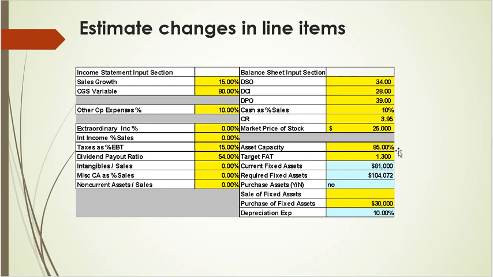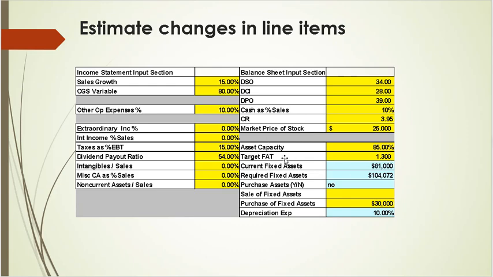So if there's any increase in sales at 100% asset capacity, by definition, you must buy new assets because you can't make more stuff if there's no time during the week to make it. So this is just a picture. Sometimes we'll have some ratios that could help us with this, but this is asset capacity. In this case, we've estimated it's about 85%.